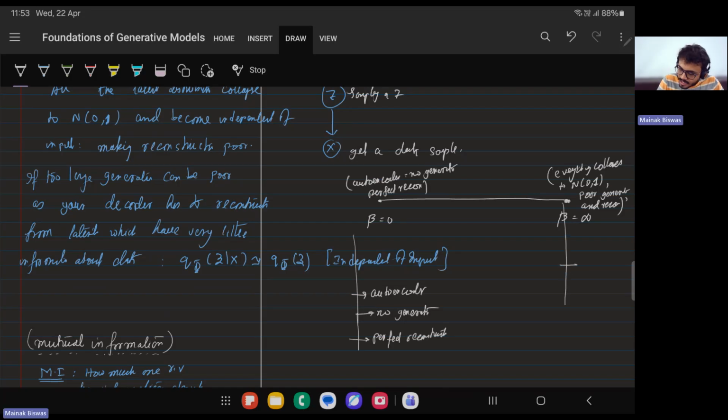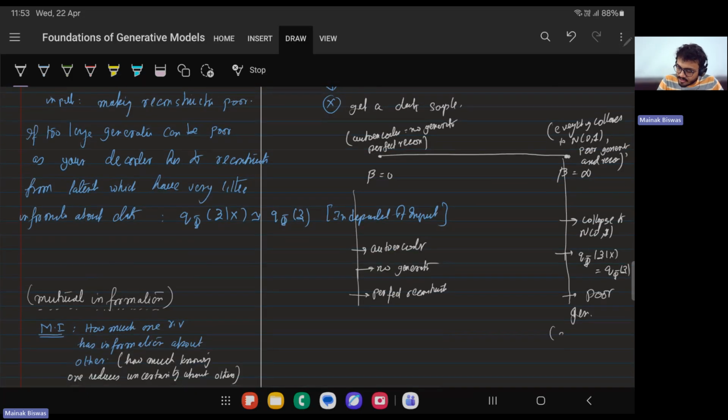At this end, you have collapse to normal 0, 1, q phi of z given x independent of the data, no generation, again it will be blurry. So you will not have no generation, you will have poor generation. That's the difference, poor generation.